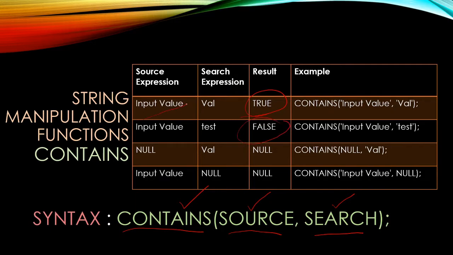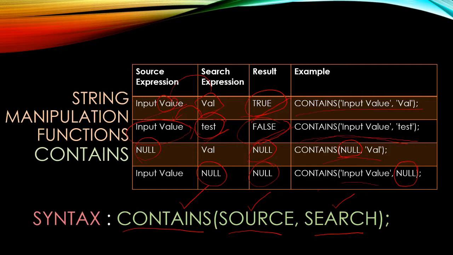You can see here for input value, val does exist in the source expression, so we got true as the result, but test is not present in the source expression, that is, the source expression does not contain the search expression, hence false has been returned. And similar to STARTSWITH and ENDSWITH, if either the source expression or the search expression is null, then the result is null.